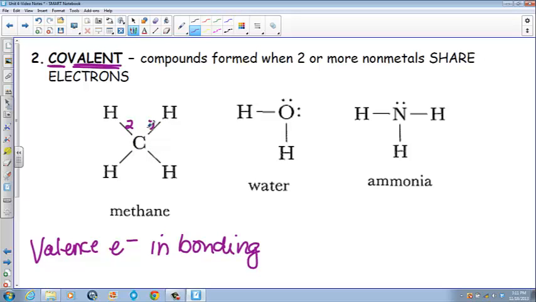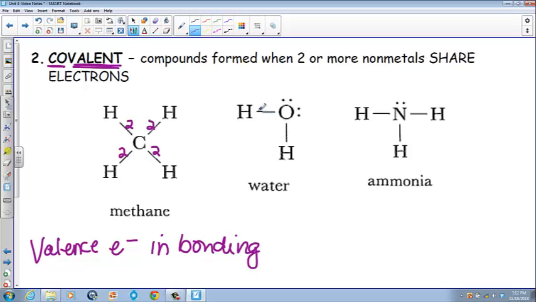So here's 2, 4, 6, and 8. Stable octet. 2 on the hydrogen, remember that's the exception, so there's 2 on this, 2 on that, they're all happy. So here we go, we have water, and there's 2 sets of electrons, or a total of 4 electrons that are not being shared or bonded, so it gives it kind of a charge or a polarity, which we're going to talk about in our subsequent lessons.